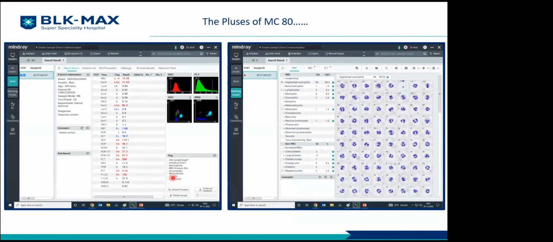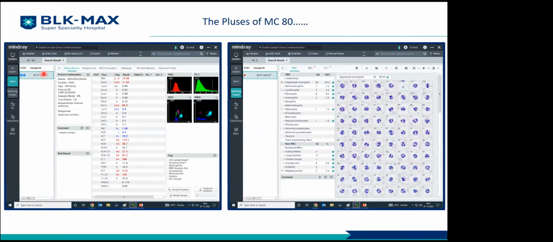So just to show you, the best thing that I have been able to enjoy with the MCAT is the presence of both the morphology and the scatter plot data coming from the hematology analyzer, which includes the research use parametric data and the flags, and at the same time, I can also get the morphology of exactly the same sample.